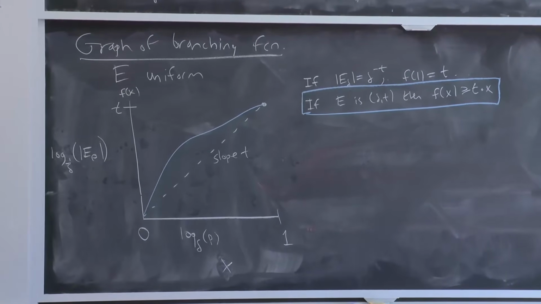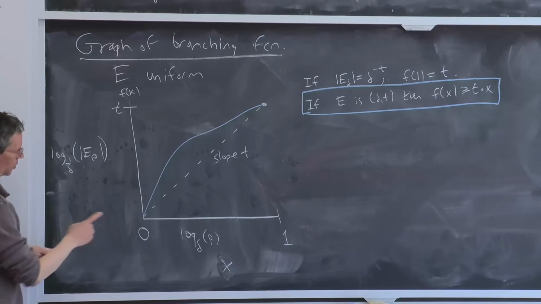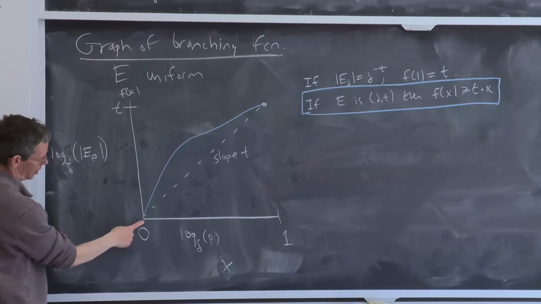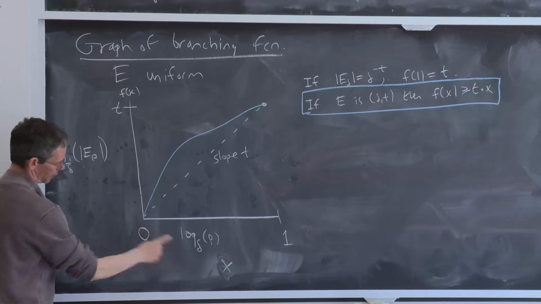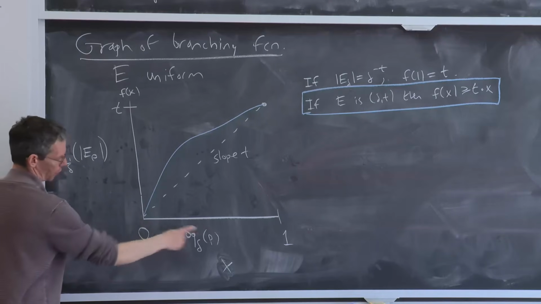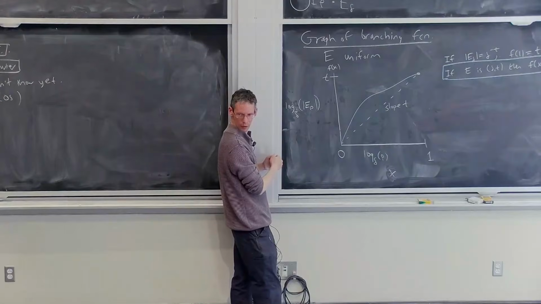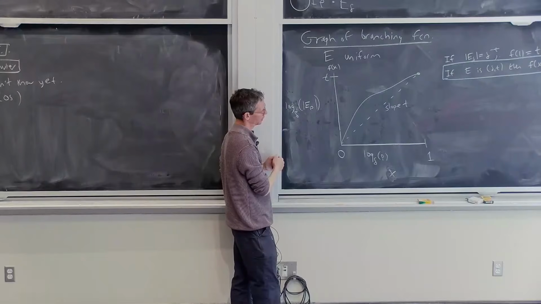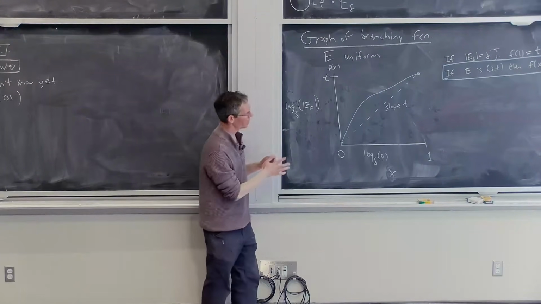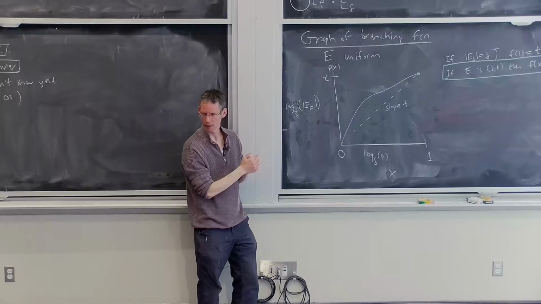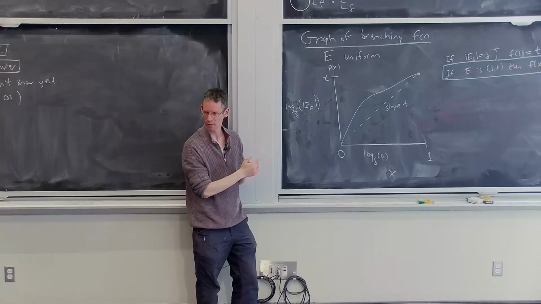OK. So these pictures always start at 1. Because when x is 1, it means we're talking about the scale rho equals 1. And this is a subset of the unit ball, so the covering number at scale 1 is 1. So it always starts there. Any questions or comments about setting this up as a graph?